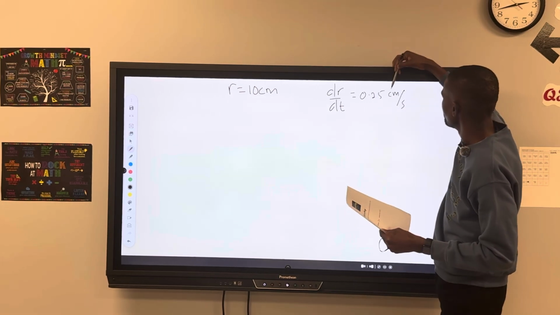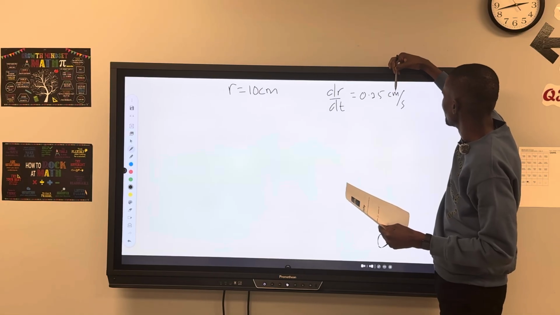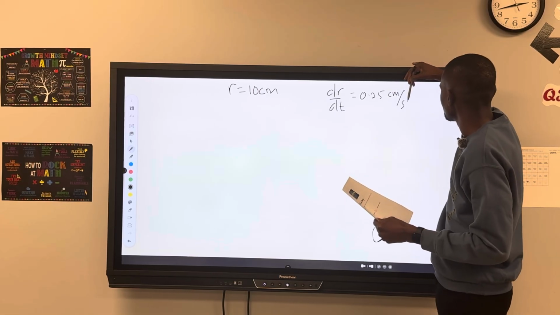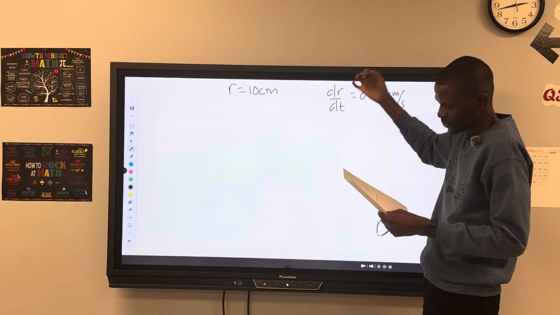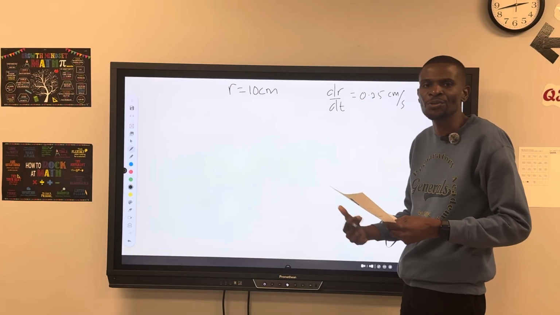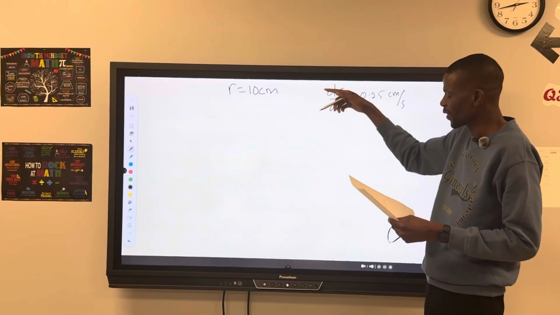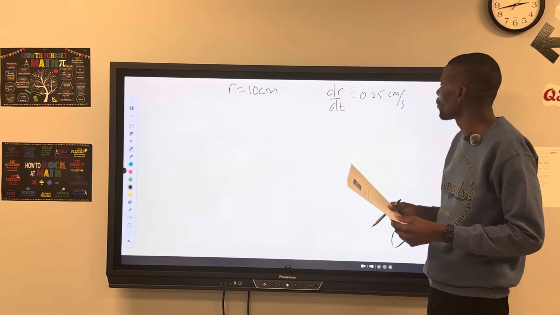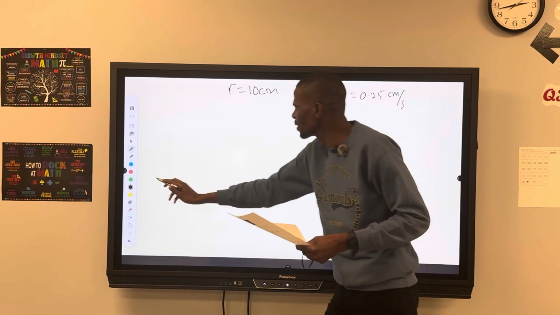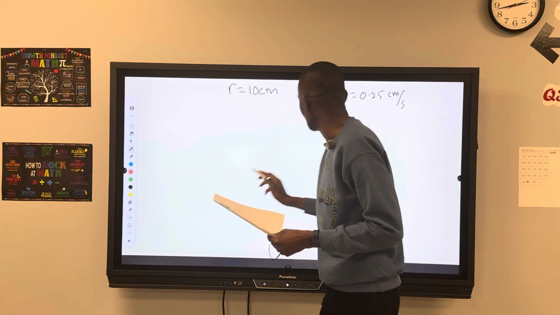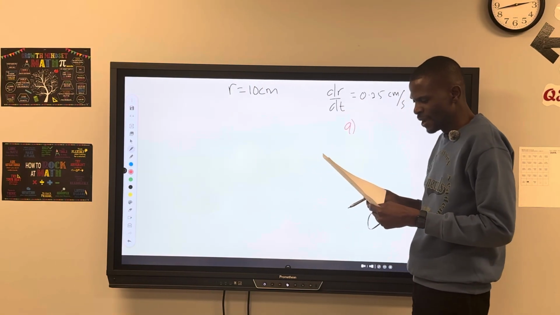Remember, centimeters here are equivalent to radius, and seconds here is time, so these units can also help you to write the correct differential part here, right?